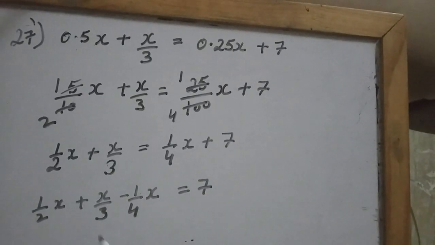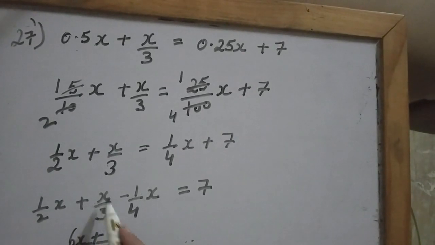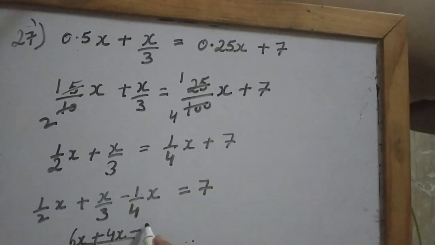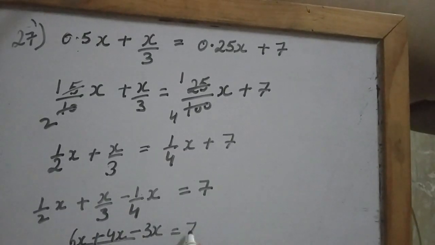Now I will solve them by taking out the LCM, and LCM will be 12. So 2 6s are 12, so 1 6s are 6x, 3 4s are 12, so this will become 4x, and 4 3s are 12, so 3 1s are 3x is equal to 7.